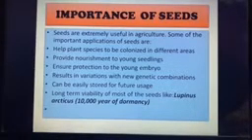Besides this, the embryo of the seed is protected inside the cotyledons, right? And the cotyledon and seed coat form a very important protective covering of the seed, right? So the embryo of the seed doesn't get damaged due to the presence of the seed coat, right?